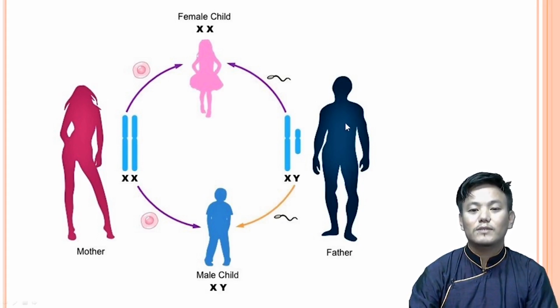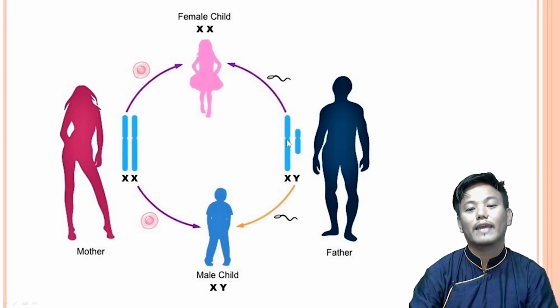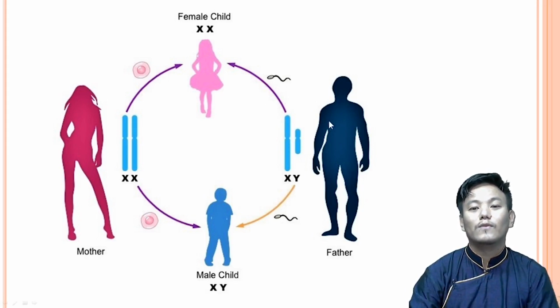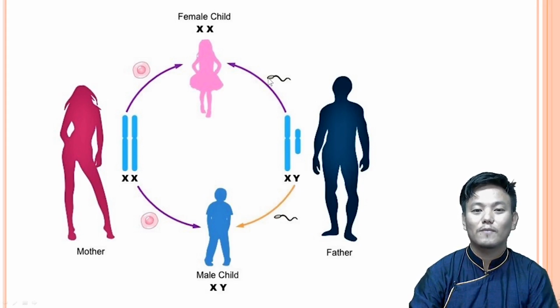In human males, half of the sperms will carry the X chromosome, whereas half of the sperms will carry the Y chromosome. Remember, it's not just X and Y. There will be 22 autosomes plus the X chromosome in this one. In this one, there will be 22 autosomes plus the Y chromosome in this particular sperm. So 50% of the sperms will be carrying the X chromosome and 50% of the sperms will be carrying the Y chromosome.